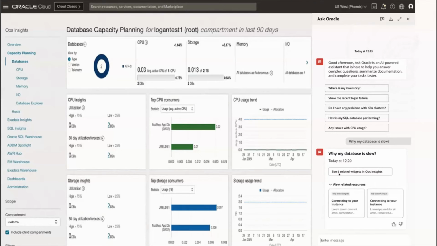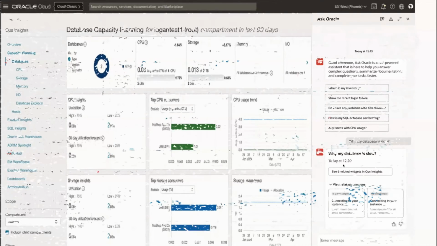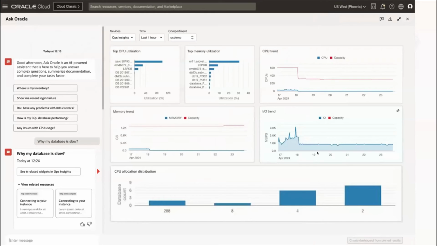The answer over here is about 6 related widgets that the GenAI service is spitting out, giving you recommendations in terms of utilizing it and trying to get an answer for why the database is slow. Once you click on that, see 6 related widgets, it converts into a full-blown set of widgets on the right-hand side.